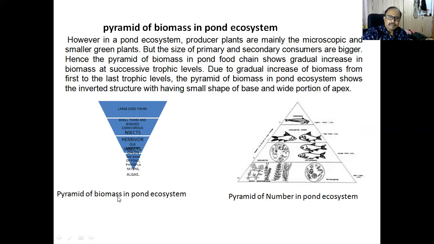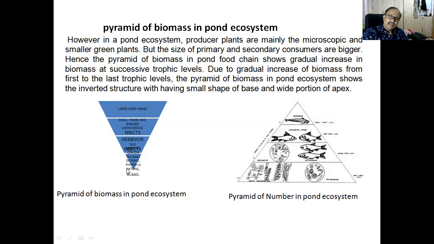Okay, now in this pyramid of biomass in pond ecosystem, it shows the inverted structure because when we measure the aquatic plants and the phytoplanktons, means the organisms of first trophic level, the weight of these aquatic plants, algae and another microscopic plants, वो weight जो है वो सबसे कम आएगा, है कि नहीं. देन हर्बिवोरस इंसेक्ट्स एंड स्मॉल फिशेस, वो अगर हमने कलेक्ट किए उसका ड्राई वेट लिया तो उससे ज्यादा आएगा, बराबर है. जब फोर्थ ट्रॉपिक लेवल में लार्ज साइज फिशेस है, कार्निवोरस एंड लार्ज साइज फिशेस, उनका ड्राई वेट अगर लिए तो इन सबसे ज्यादा आएगा.